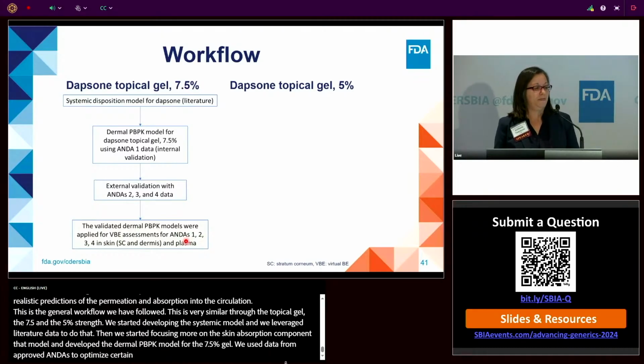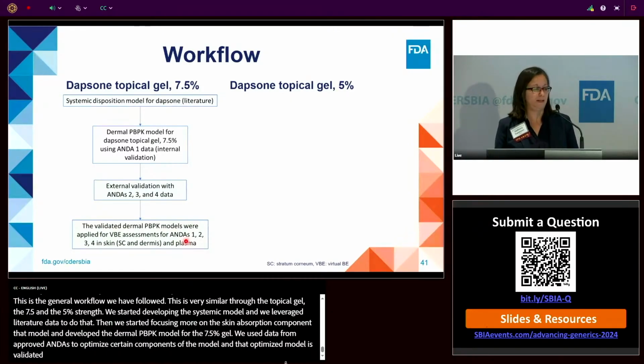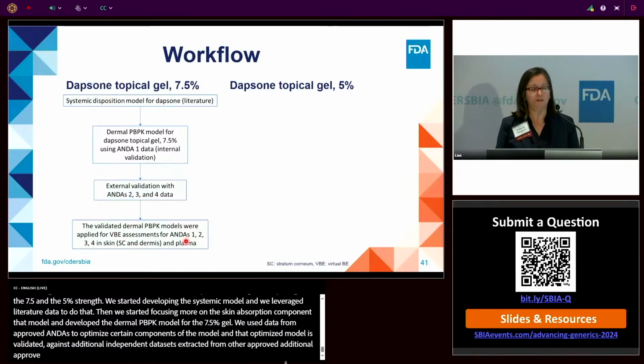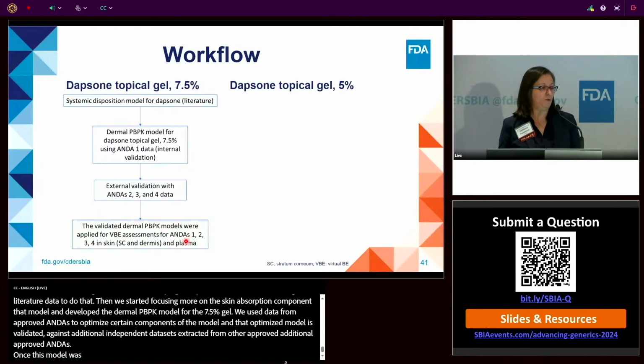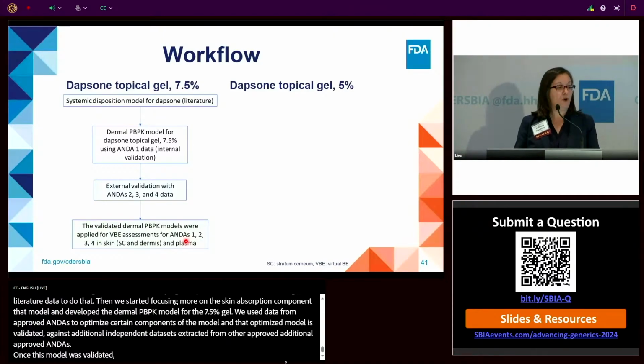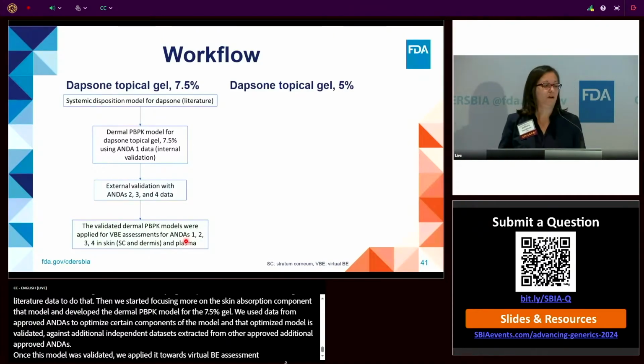And that optimized model then was validated against additional independent data sets that were extracted from other approved ANDAs. Once this model was validated, we applied it towards virtual bioequivalence assessment for all ANDAs that were considered for development and validation.